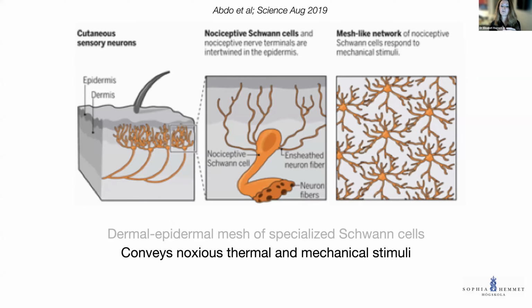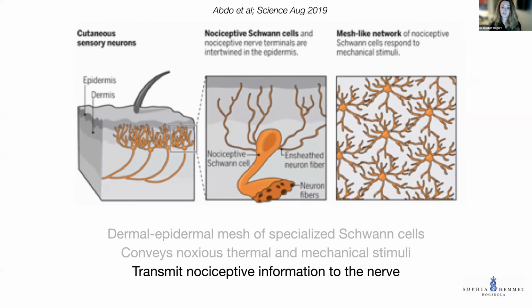These Schwann cells convey noxious thermal and mechanical stimuli from the skin onto the afferent nerve fibers, transmitting nociceptive information instantaneously to the nerve. And this might be one of the explanations behind the scratch collapse test.